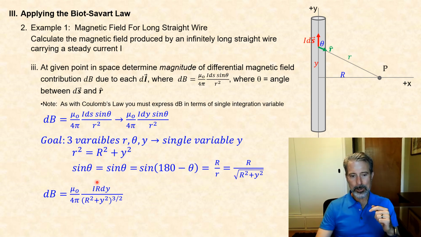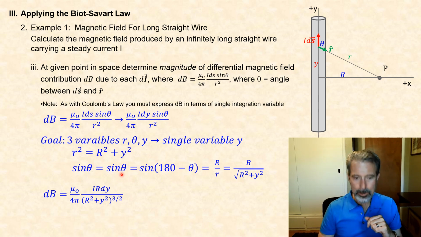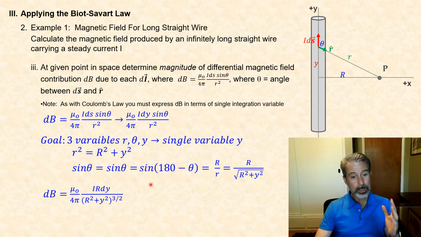That gives us the factor R here, and it raises our exponent from a 1 to a 3/2 power. Given this, we have succeeded in writing the magnitude of the field at our field point in terms of a single integration variable y. In the next slide, we will complete the process and do the integration.